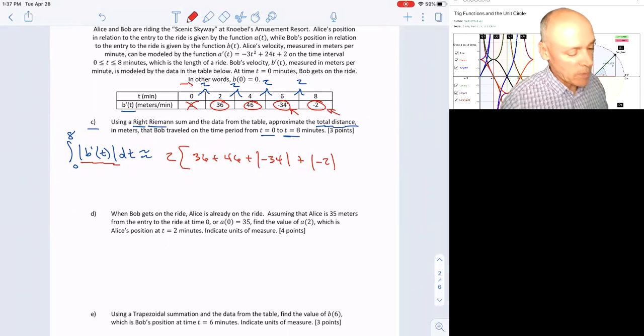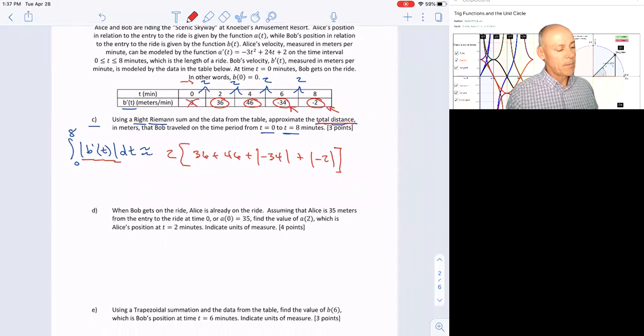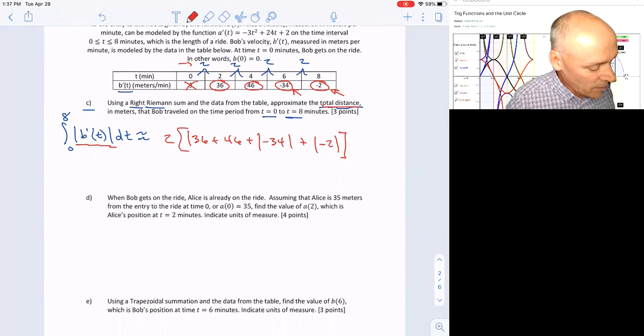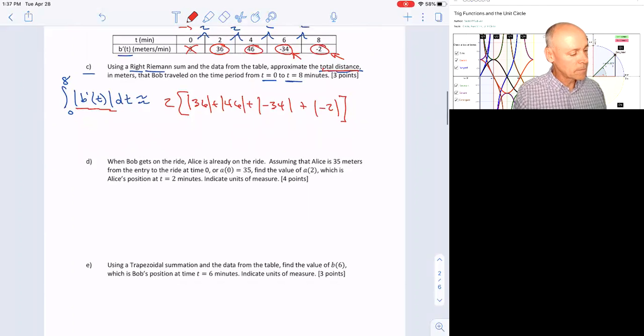I need to change them to be positive in order to come up with the total distance. Total distance, not the displacement, the total distance. If I want to be consistent, I could put everything in absolute value. I didn't say anything about units. I'm just going to keep on rolling through that.